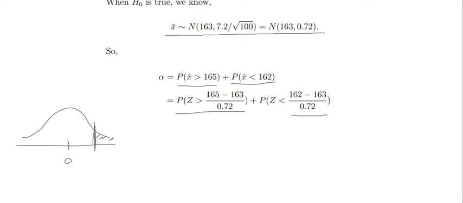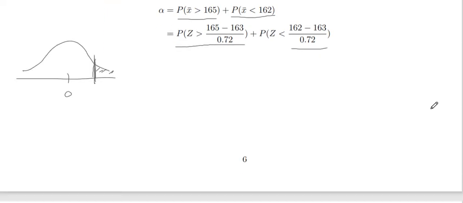Okay, so we can find this probability. This probability is alpha, the probability that we may make those mistakes based on this decision making rule.